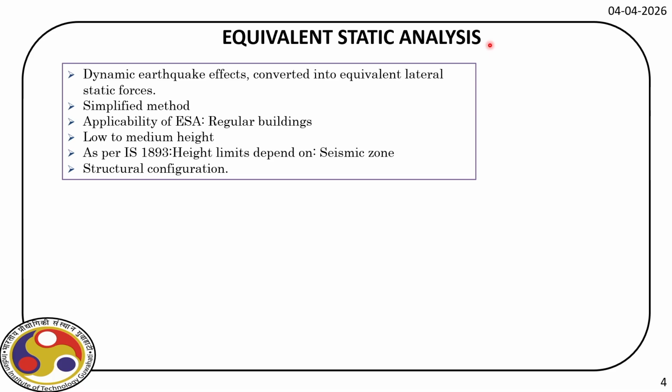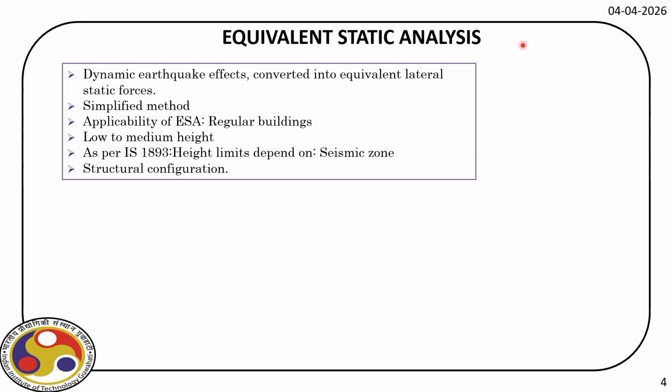Now, for this seismic analysis, we will go for an equivalent static analysis. Recall, for the building we modeled earlier, we did static analysis using dead load, live load, and then we also did a modal analysis, right? Now for the design, we will go for equivalent static analysis.